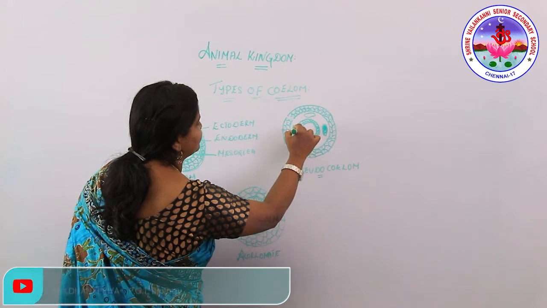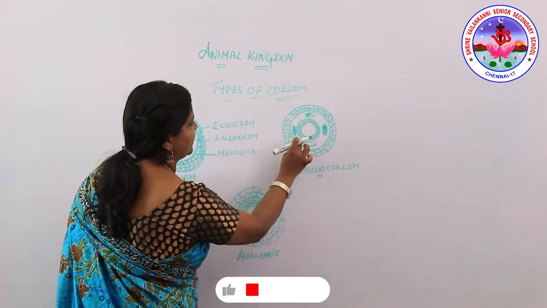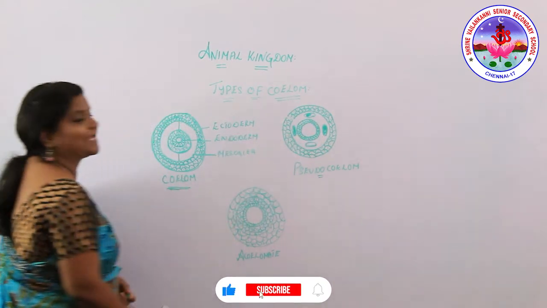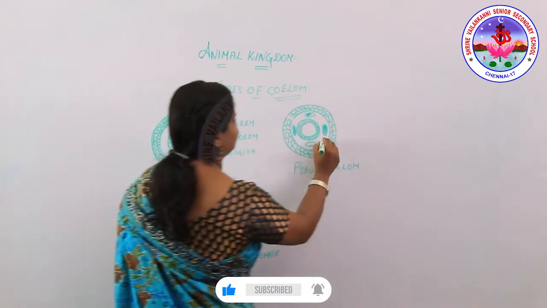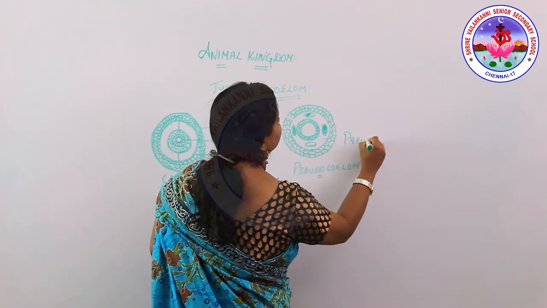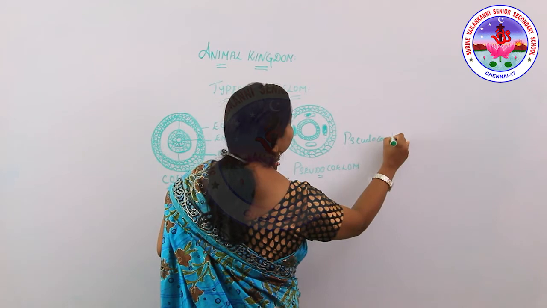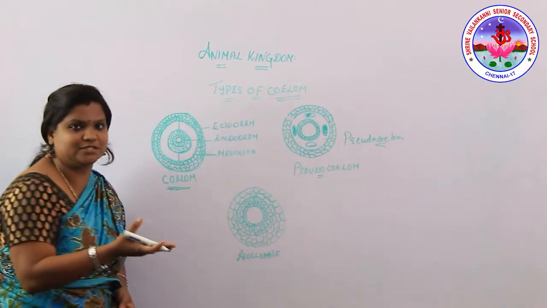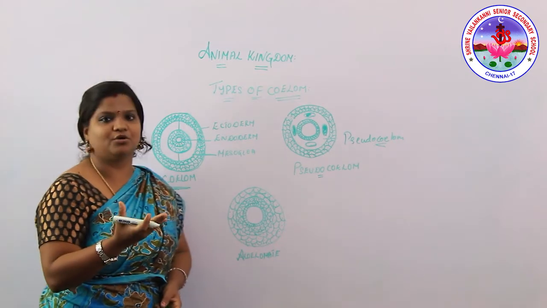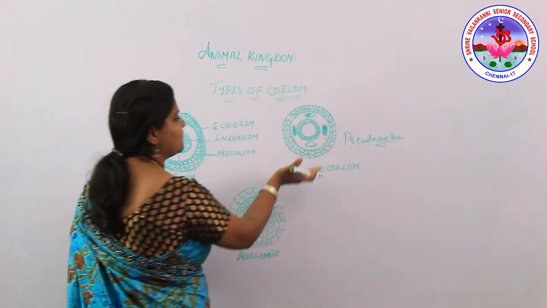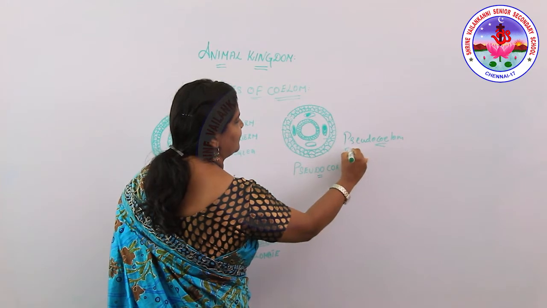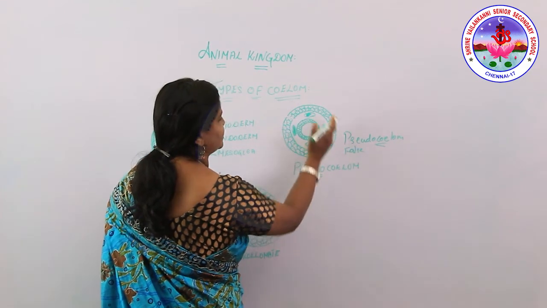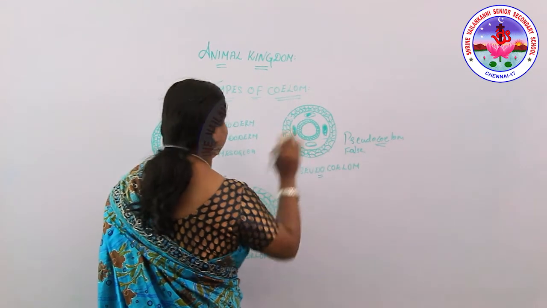The remaining space, which is filled with a cavity, is called pseudocoelom. Actually the coelom is present, but functionally it is not. Pseudo means false. So there is a space-filled cavity with the mesoglea.